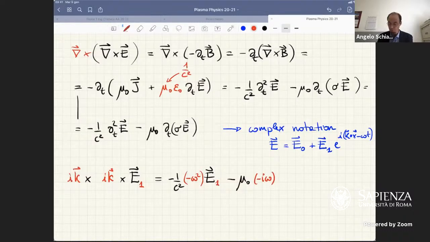So we have sigma times E1, which is the perturbation of the electric field. Okay, so this is our starting point, and by manipulating this equation, we are going to find the dispersion relation for waves in plasma.